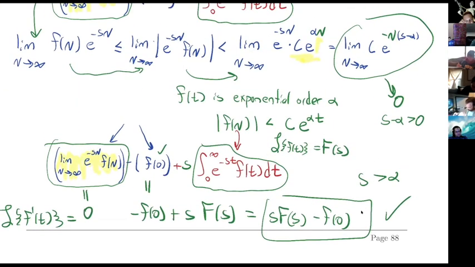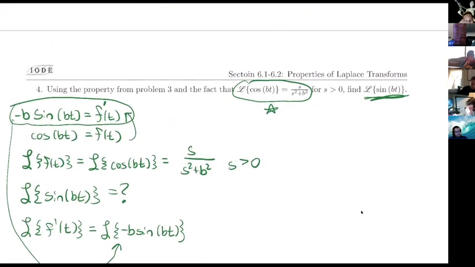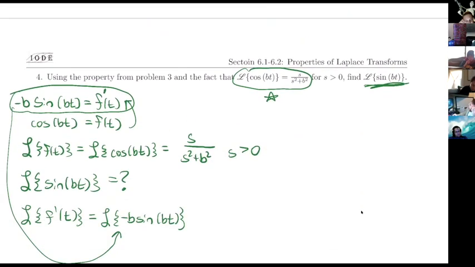And from this previous step, we knew that this was equal to s F of s minus f of 0. So in this case, our capital F of s is exactly the Laplace transform of this, so this is s over s squared plus b squared.